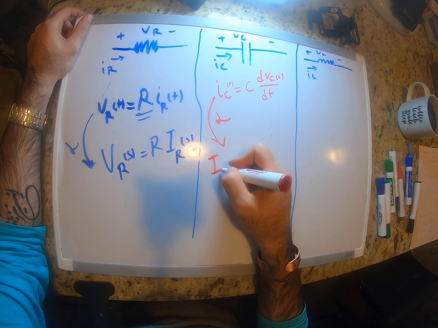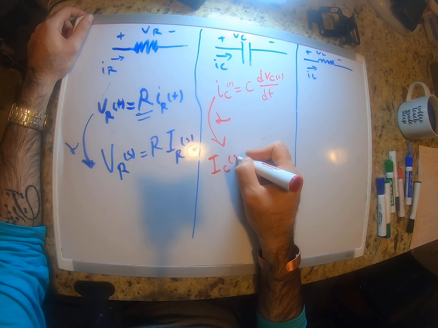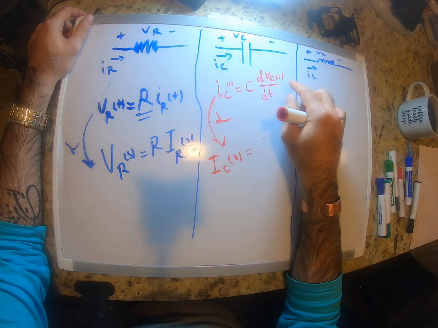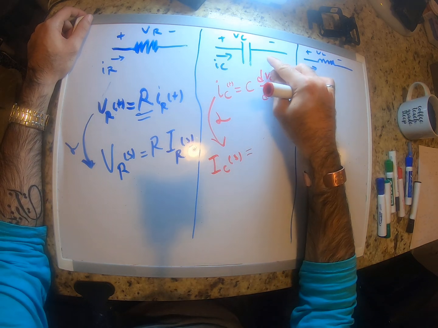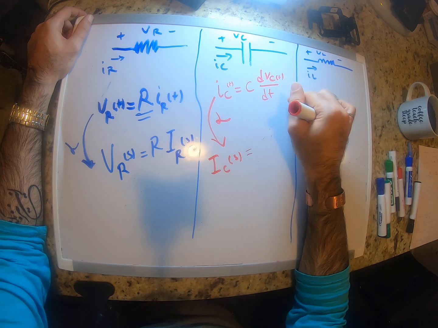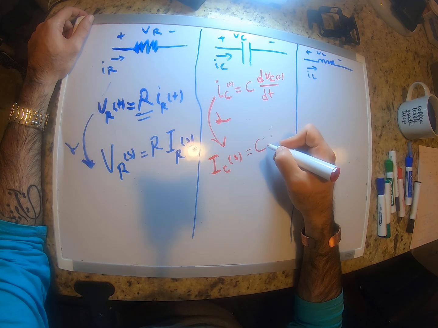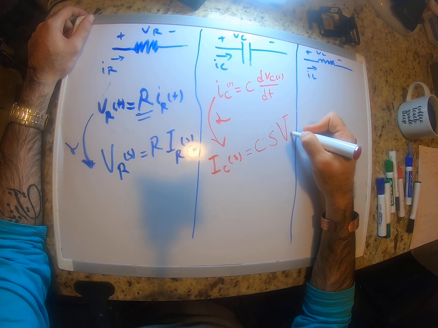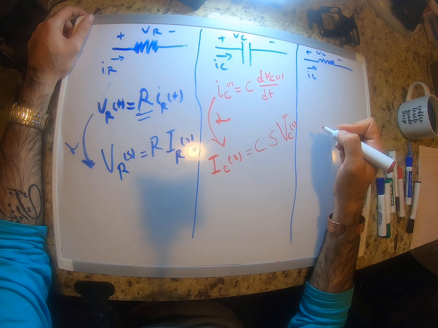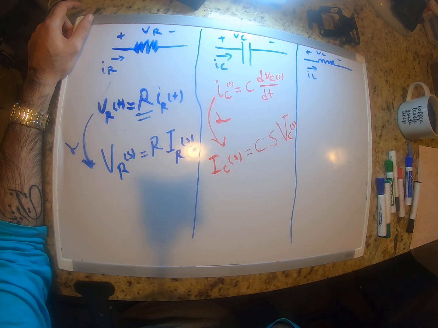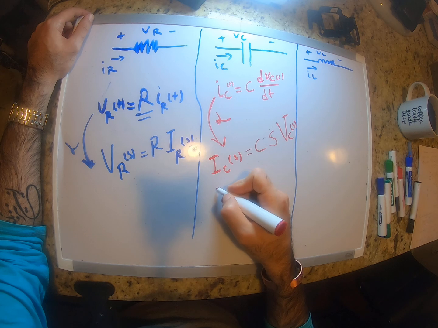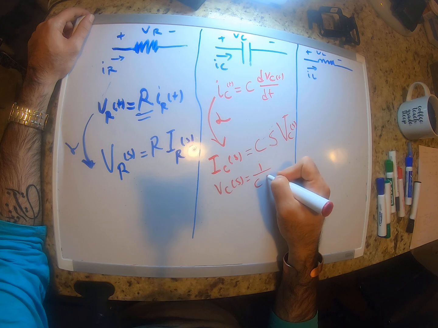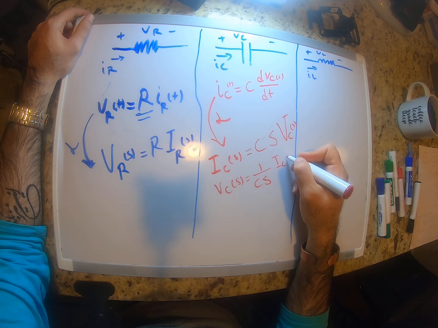This is going to give us I_C. The Laplace transform of a derivative, you remember, is going to be s times the Laplace transform of the voltage. So if I write it a little differently, V_C of s is equal to 1 over Cs times I_C of s.